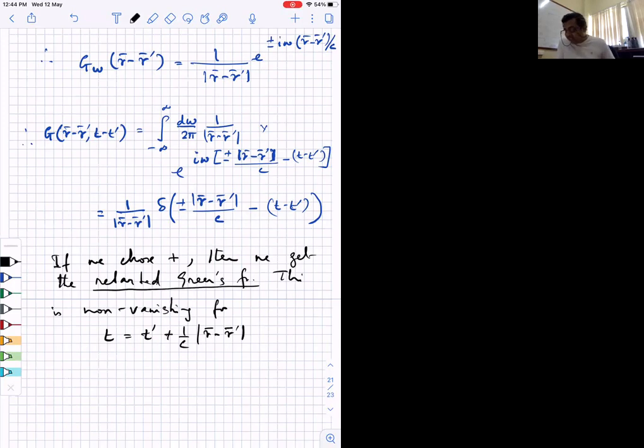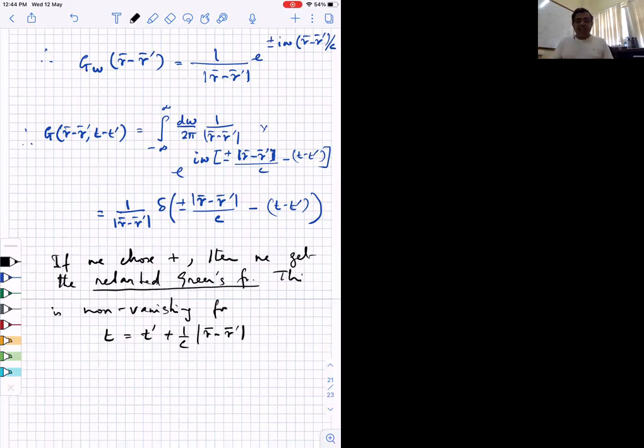In that case, the source is getting something before whatever is causing it. Whatever is causing it comes after. So in a sense, that is unphysical, because it does not respect causality, the simple notion of causality.